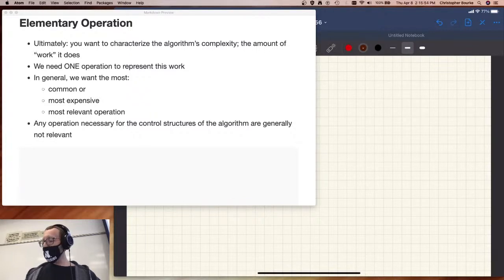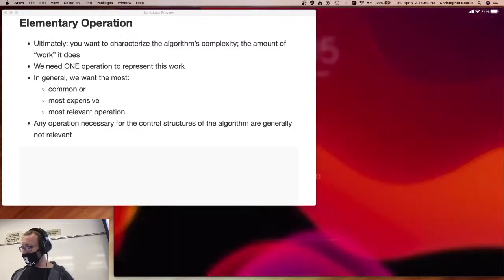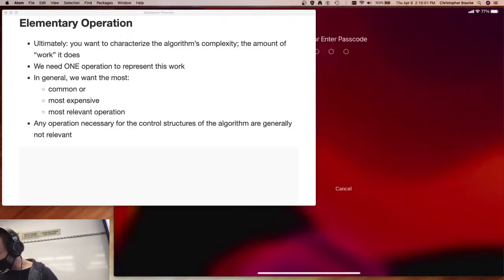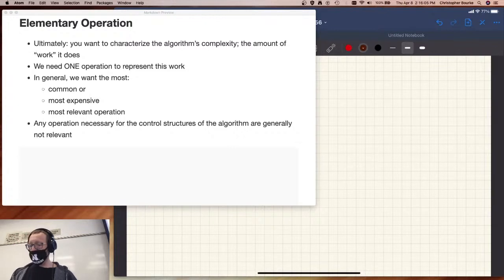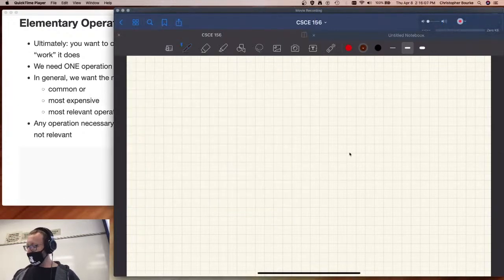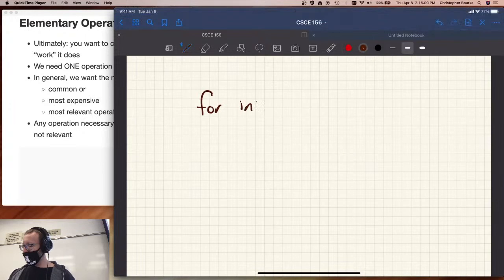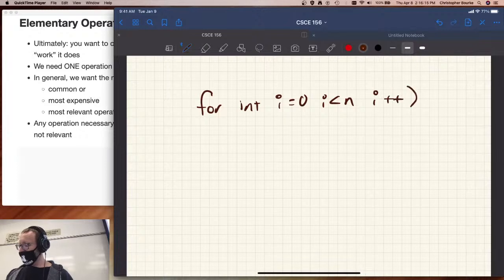Right? So for example, consider the typical for loop that you write when it comes to a basic algorithm. For int i equals 0, i is less than n, i plus plus. Right? What kind of operations are we doing here?